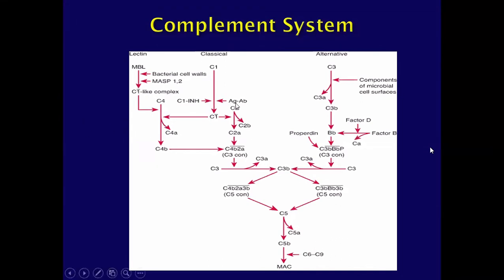I don't know if you can observe, there is already a line drawn above the component. It is now responsible for cleaving C2 to C2A and C2B.